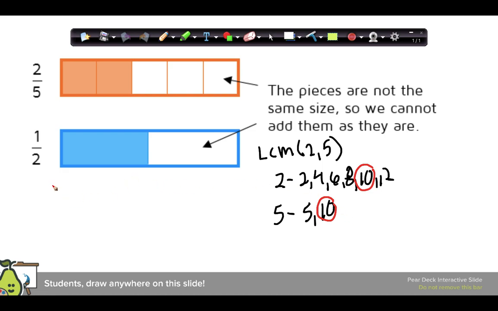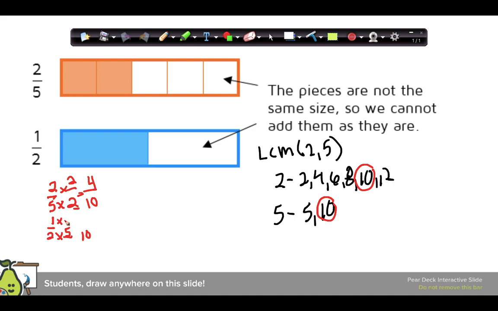So we're going to change 2/5 times something is equal to 10. Multiply it by that same thing to see how many tenths we have. So 5 times 2 is 10. So we have to multiply by that same 2. We get 4 tenths. 2 times something is going to equal 10. So that's 5.